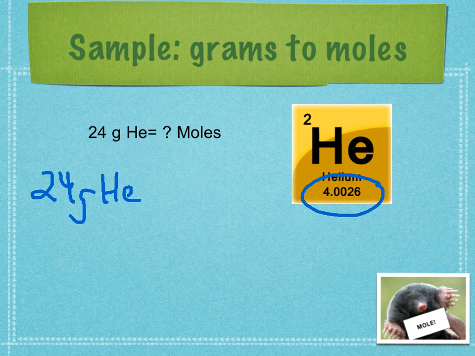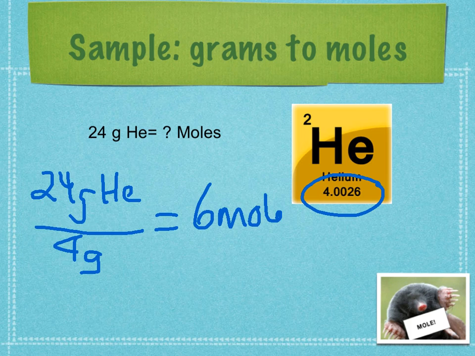Let's think about our dozen example. If I had 24 eggs and I wanted to know how many dozen it was, I would divide by 12. So here I'm going to divide by the number of grams in a mole of helium, so 4. This gives me 6 moles of helium. So just like the dozen, I take my number and divide by the number of items in that unit, and I get my answer. Not so scary.